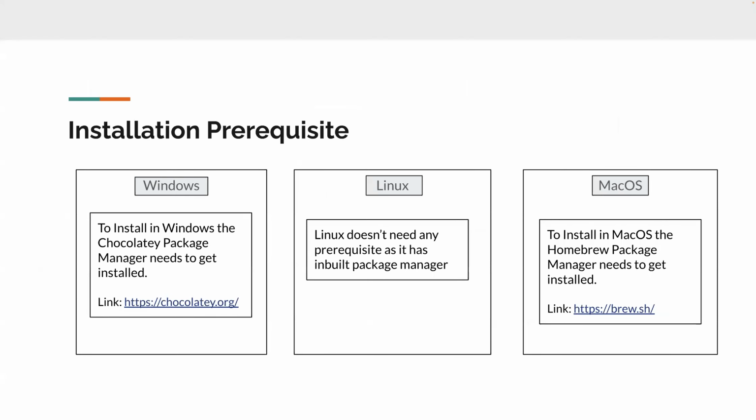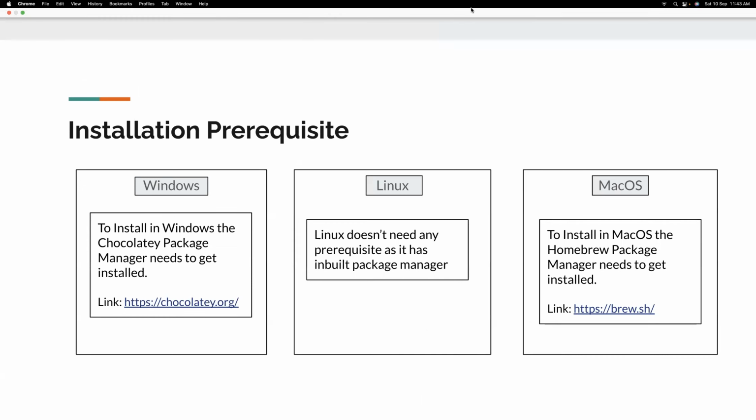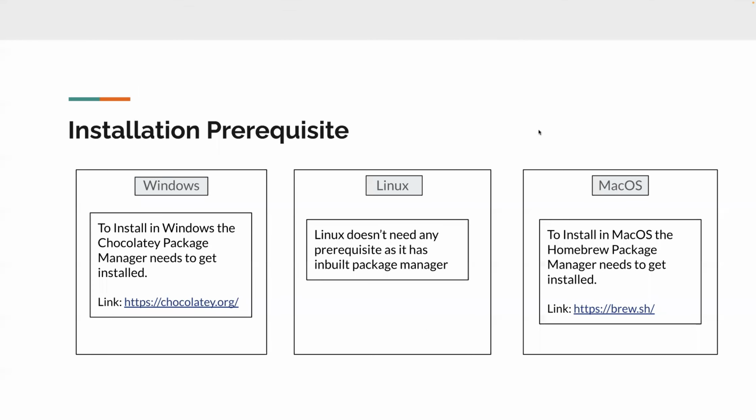Now, when we talk about the installation prerequisite, each and every OS has its own package manager. In Windows, we have the package manager Chocolatey, which helps to install packages.